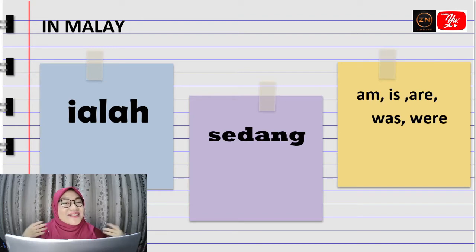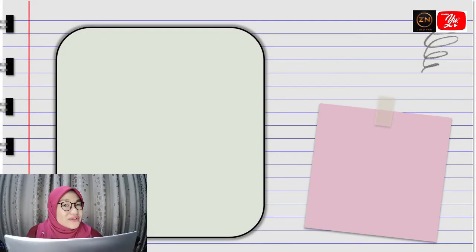Moving on, let us look at them in more details, alright? One thing that you need to look at when you want to decide which verbs to be you are going to use in your sentence is by looking at the subject of your sentence. Okay, so let's look at them one by one.